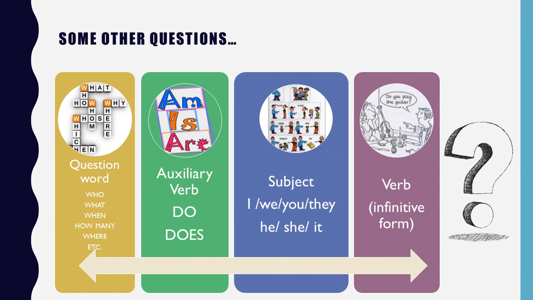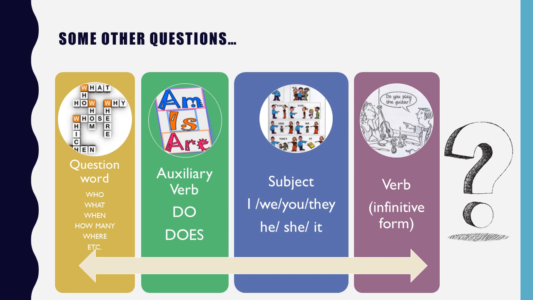Before we have a look at the question-making exercise, we're going to have a look at some other types of questions. In this case, they are questions in the present simple because you will see that the auxiliary verb in this case is not the verb to be, which can also be possible in the present, but in this case we are going to have another verb in the question.